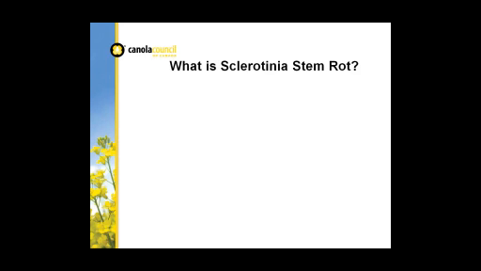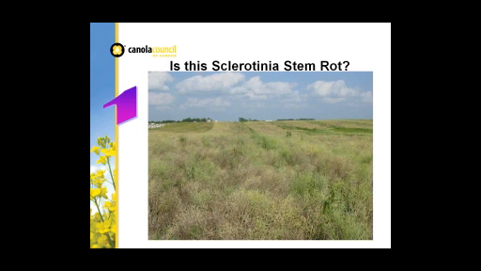I know that you cannot respond. Everybody is muted, so I'm going to assume that you're yelling out the answers when I show these images. So let's get started with the first one. This first image is one that I had taken out of North Dakota, and the question is, is this one Sclerotinia?